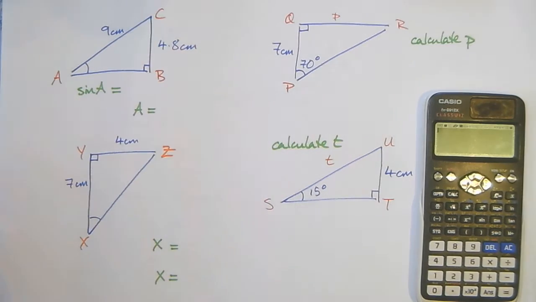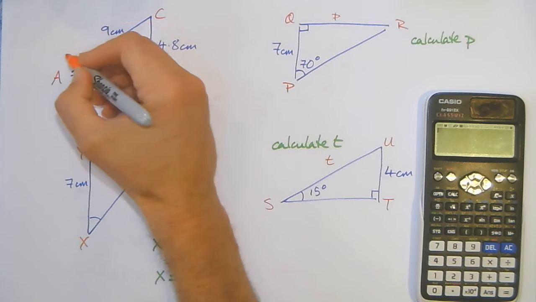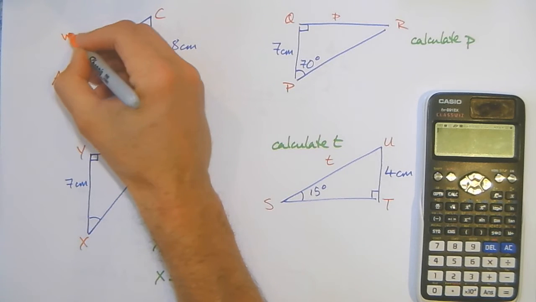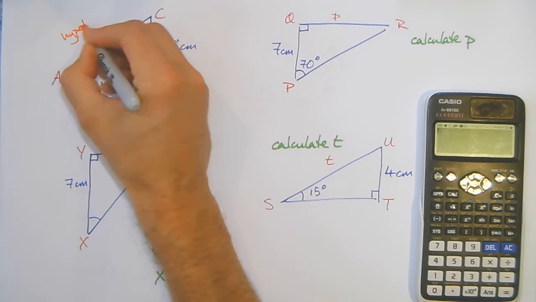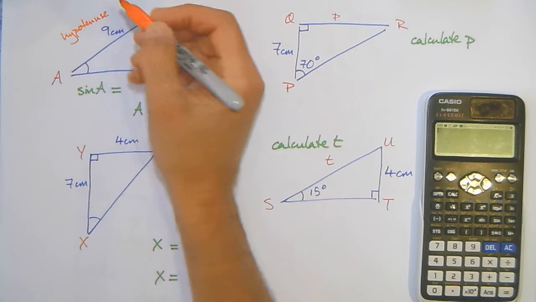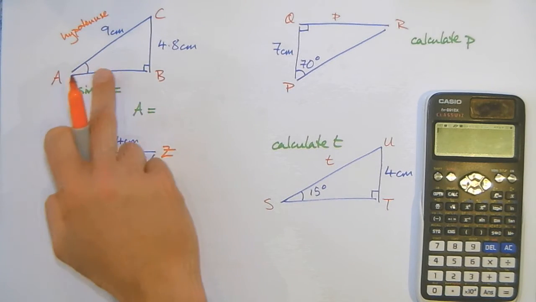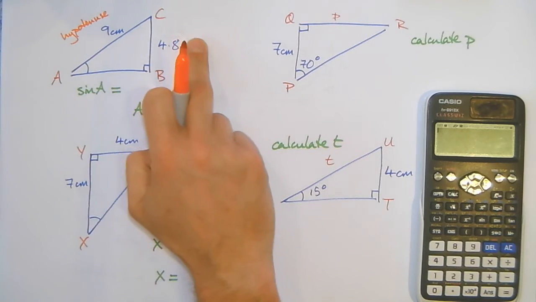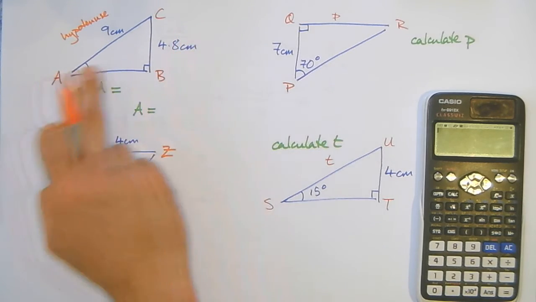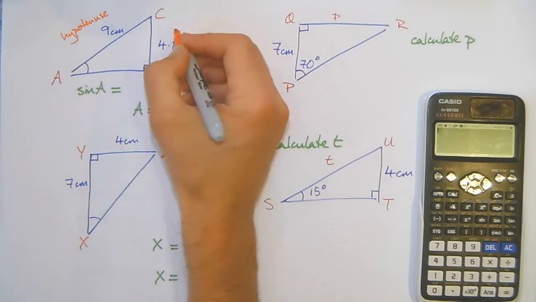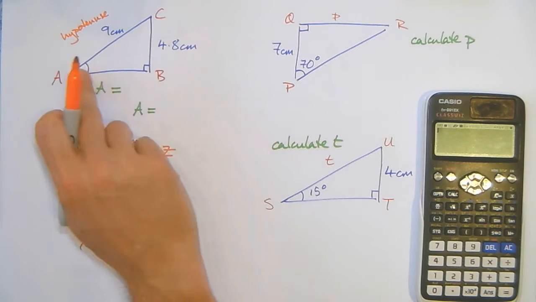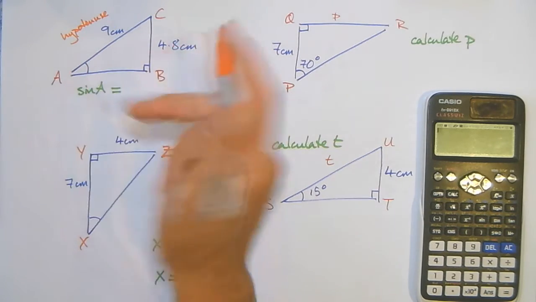That's the longest side. That's the hypotenuse. And you'll find your teachers will have been calling this side the opposite. Most of us will have been calling that side the opposite side, the other side from the angle.